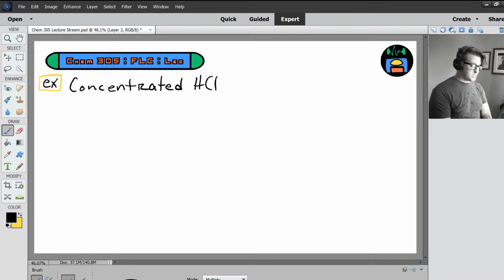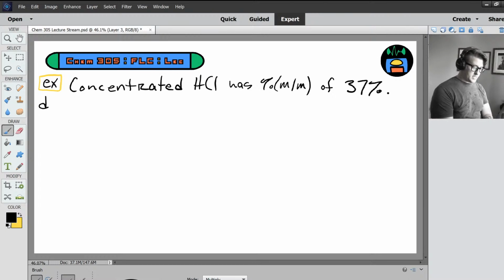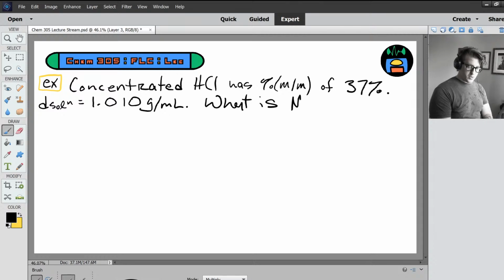Concentrated HCl has a percent mass to mass of 37%. The density of the solution is 1.010 grams per milliliter. What is the molarity of this solution?